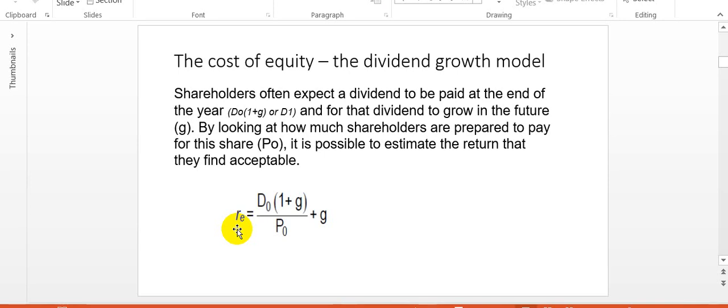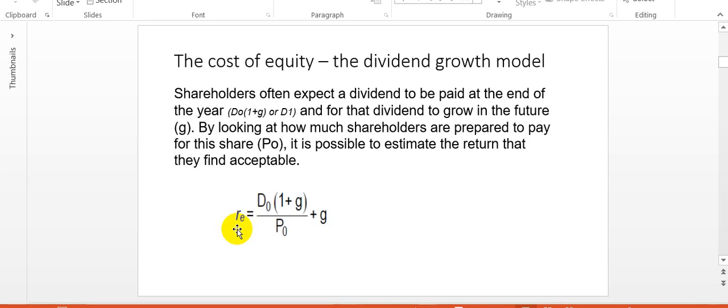Since each one of them is different in the hierarchy, each cost has to be computed separately. So we'll start with the cost of equity. The cost of equity has two formulas for computing it. The first one is the dividend growth model.